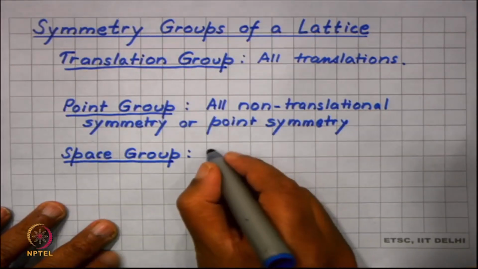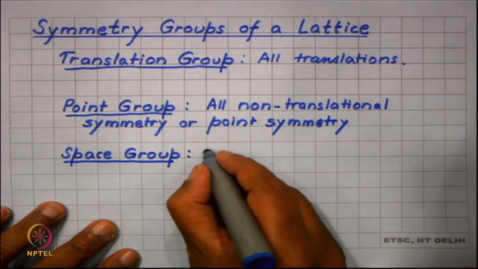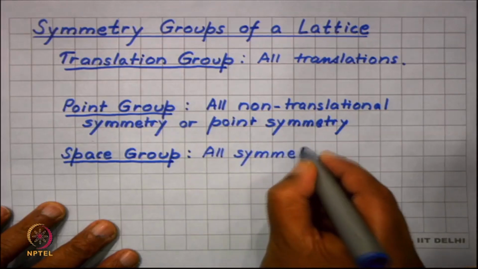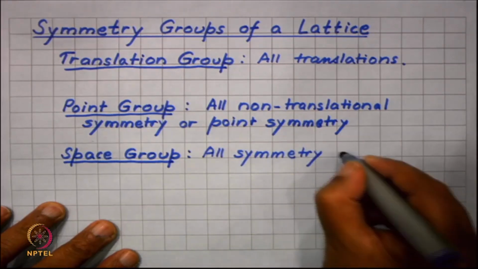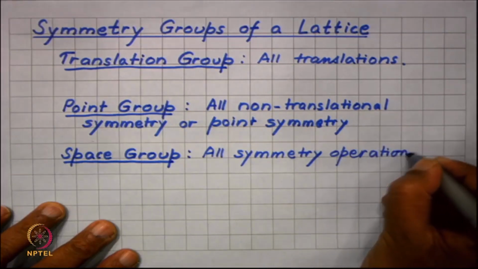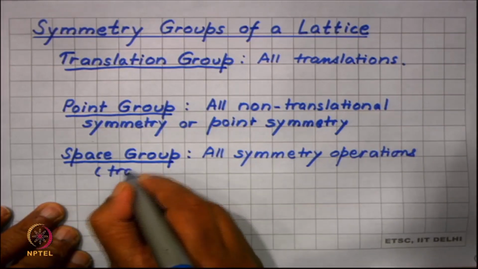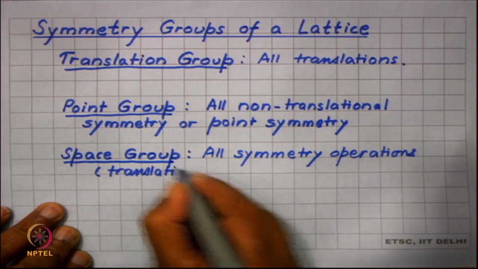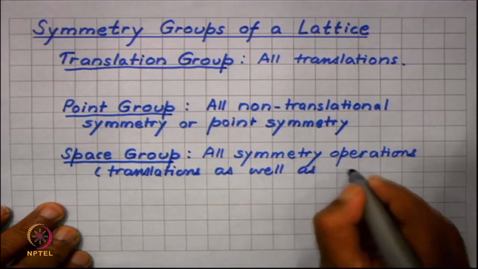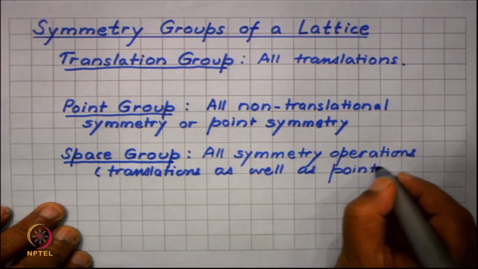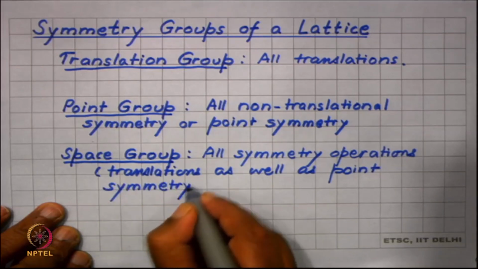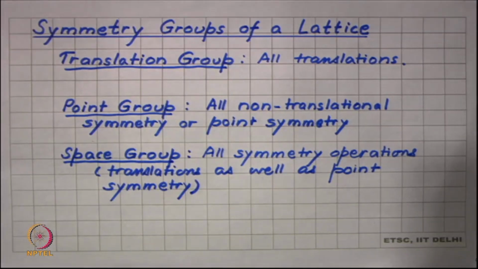So, space group is the collection of all symmetry elements. So, all symmetry operations, that is translations as well as point symmetry, is called the space group.